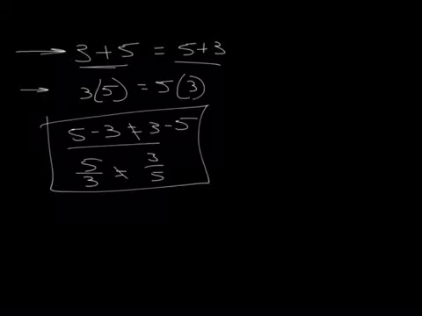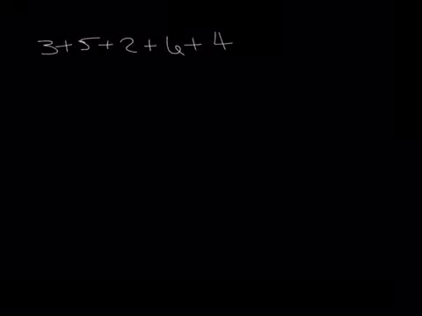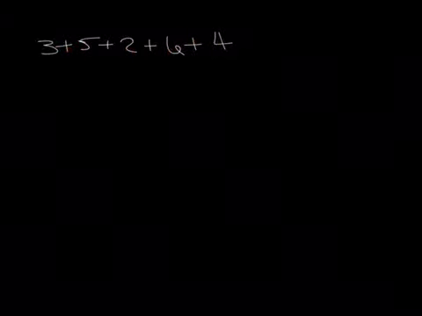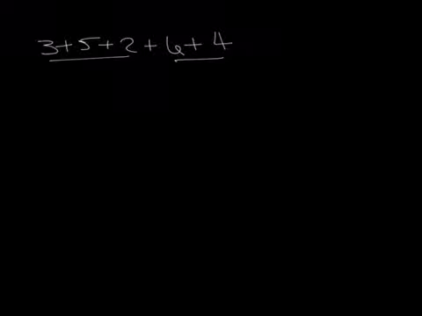Alright, so that helps us when we have a long strand of numbers together. Okay, so you can start from left to right and go, oh, 3 plus 5 is 8, 10, 16, 20. But some people look at this and go, oh, this is 10, and this is 10. 10 plus 10 is 20.